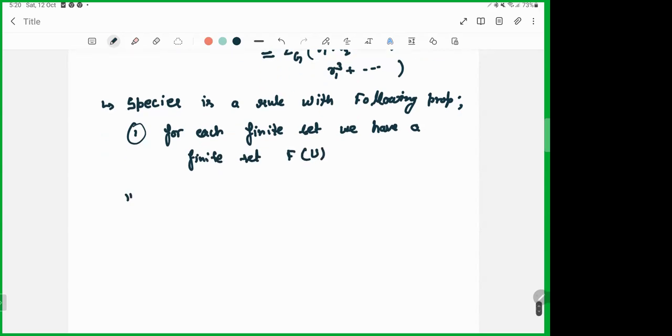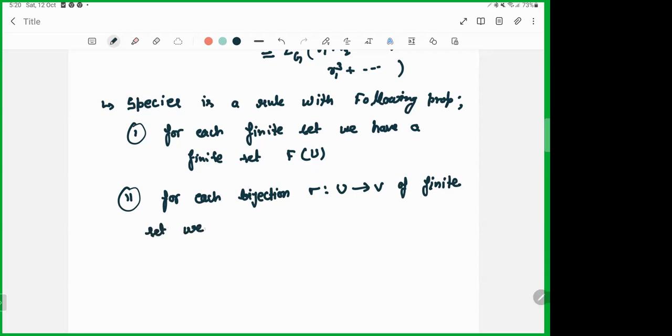Then for each bijection sigma mapping U to V of finite sets, we have a bijection.